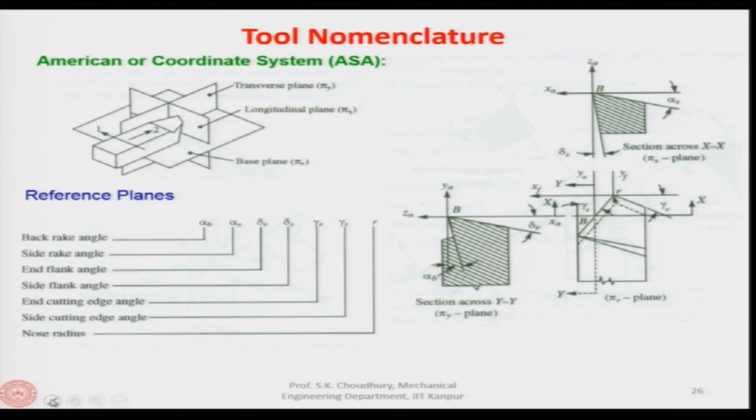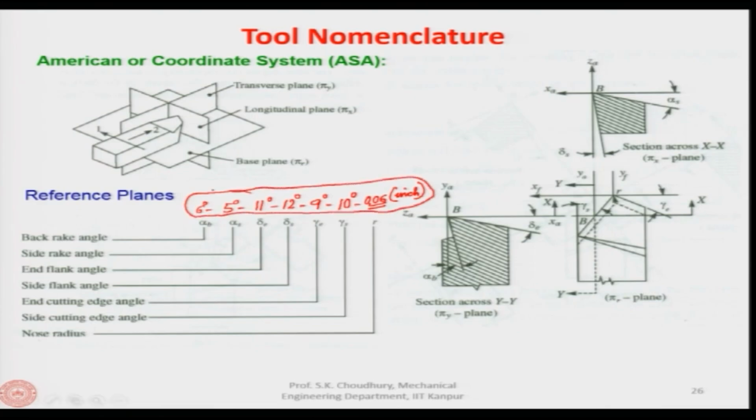So, mind the sequence: if you take the tool in the ASA system, what you will find is, for example, 6 degree, 5 degree, 11 degree, 12, 9, 10, let us say, and the tool nose radius is 0.06. By the way, this is given in inch, because it is an American system. So, the tool will be defined only in this way.